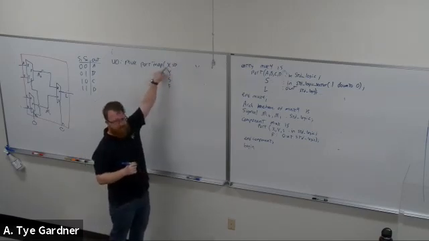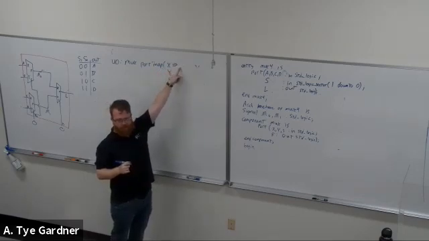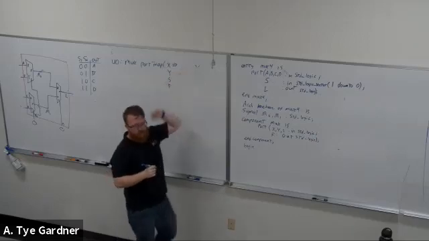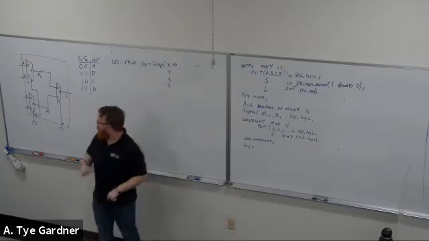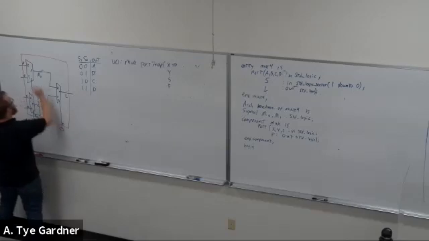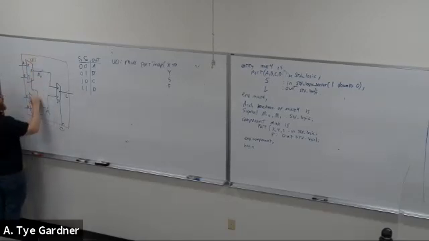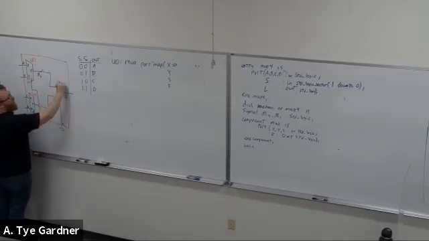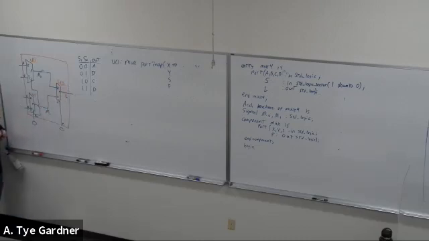Port X is getting mapped to something. Okay. Well, what is U0? So let's go ahead and name them so we know which ones I'm talking about. U0, U1, U2. Okay. So I've named this guy U0.